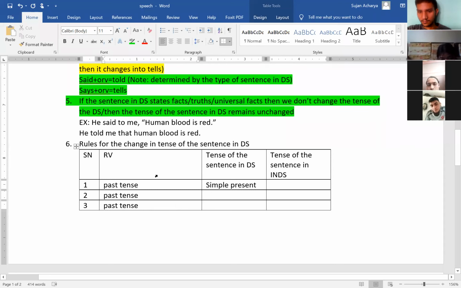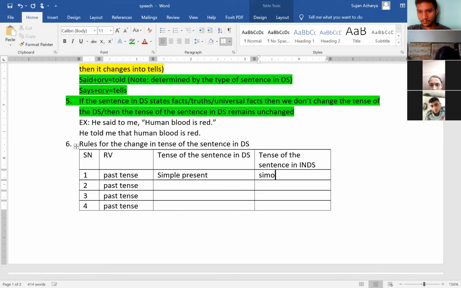Then we change the tense of the sentence in direct speech. If the sentence in direct speech is in present tense, change it into the corresponding past tense, simple past. If the sentence is in present perfect, we change it into past perfect. If present continuous, we change it into past continuous.